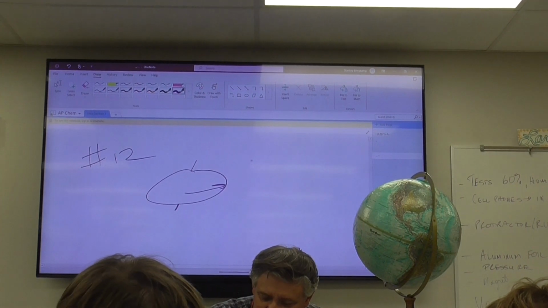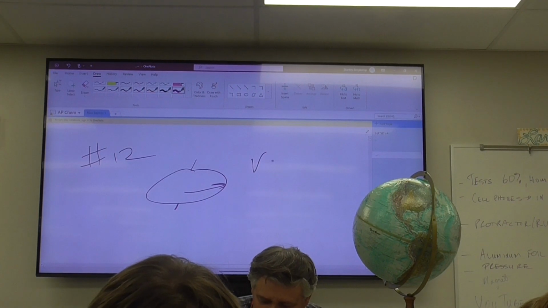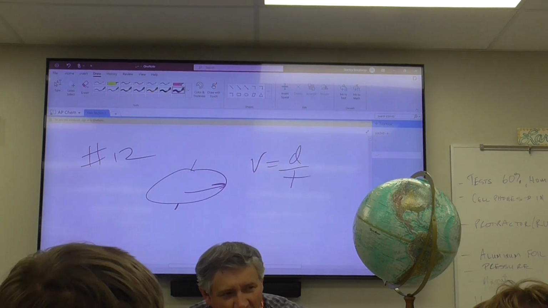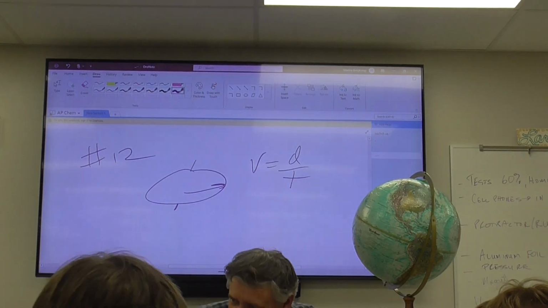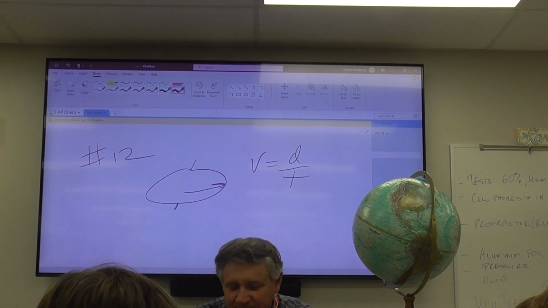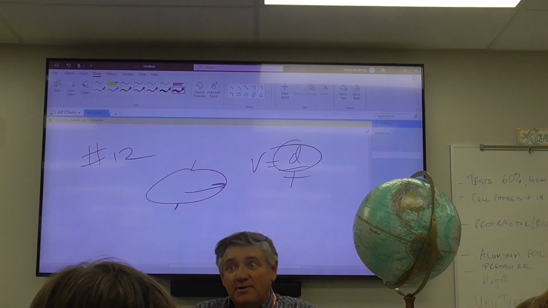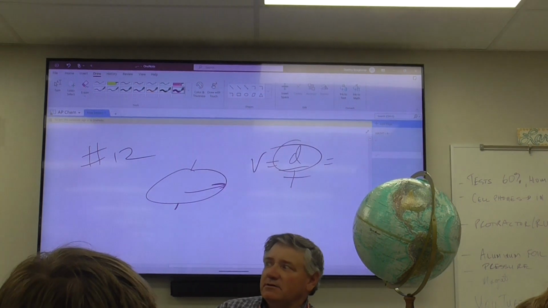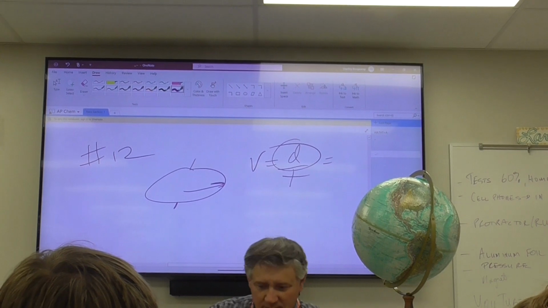And all this is, again, is that velocity is distance divided by time. That's all this problem is, okay? That's all the problem is. But because we're going around a rock, instead of distance, what are we going to use? 2 pi r.